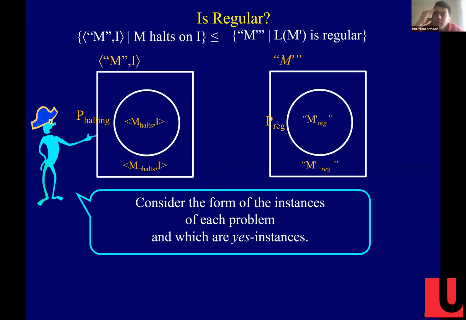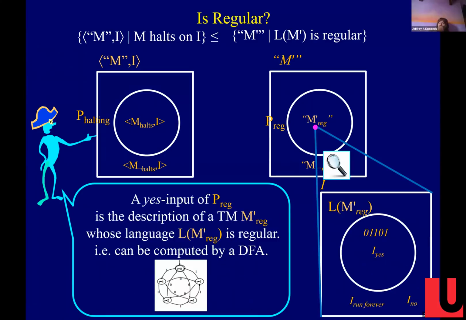I'm given a Turing machine M and an I, and I want to know whether it halts. And I have to map it over to Turing machines that might do regular languages and might not do regular languages. Let's look here.